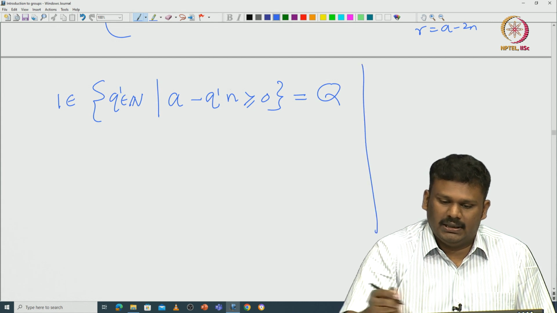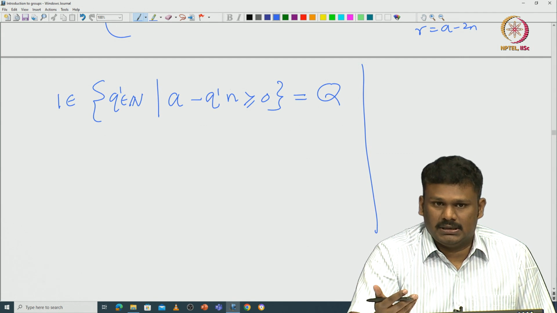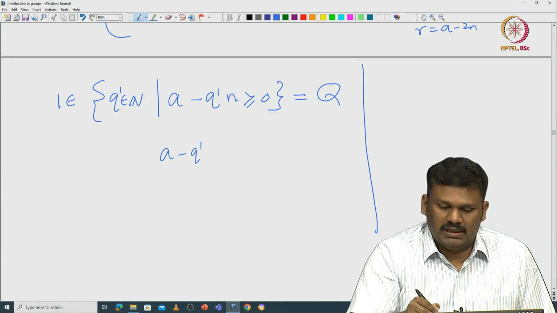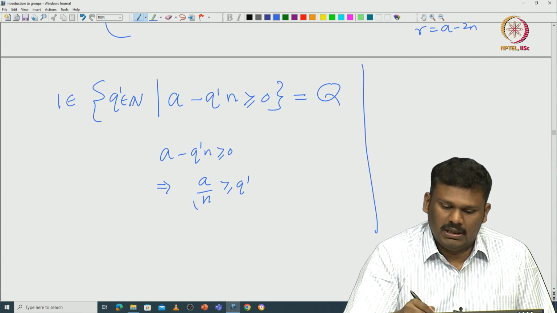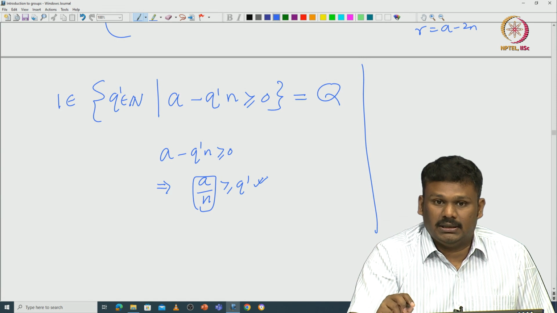Why is it finite? Because A is finite and n is finite. How many multiples of n can you subtract from A so that it remains non-negative? A minus q' n greater than or equal to 0 implies that A by n is greater than or equal to q', and this is a fixed rational number. So this set is finite.